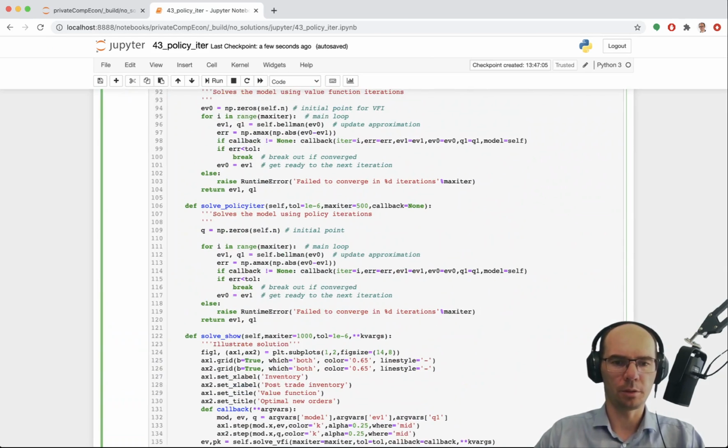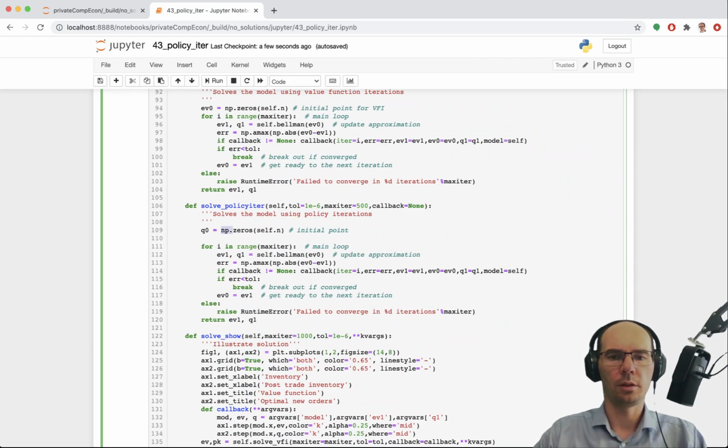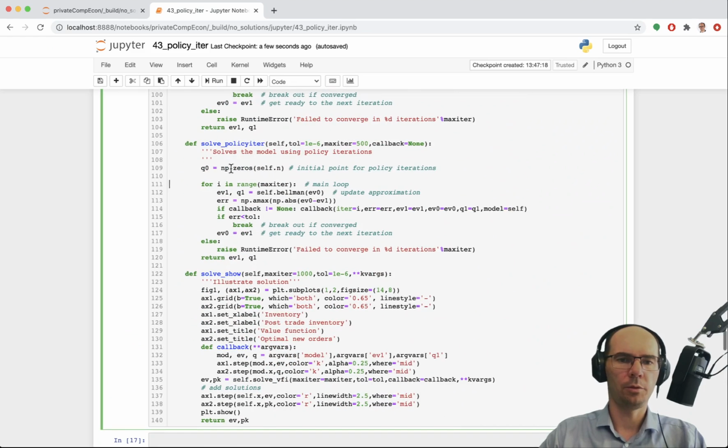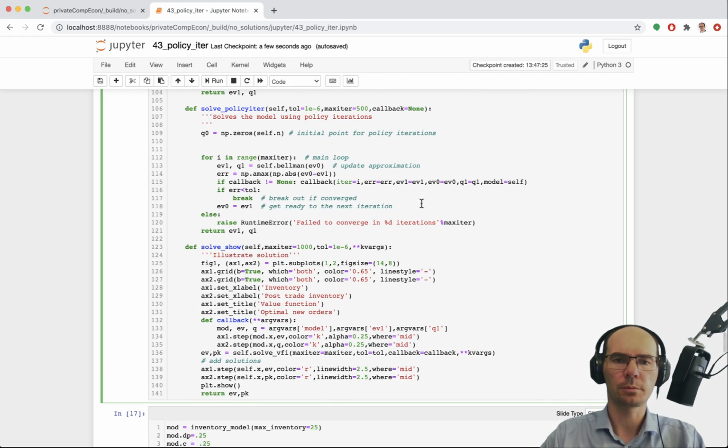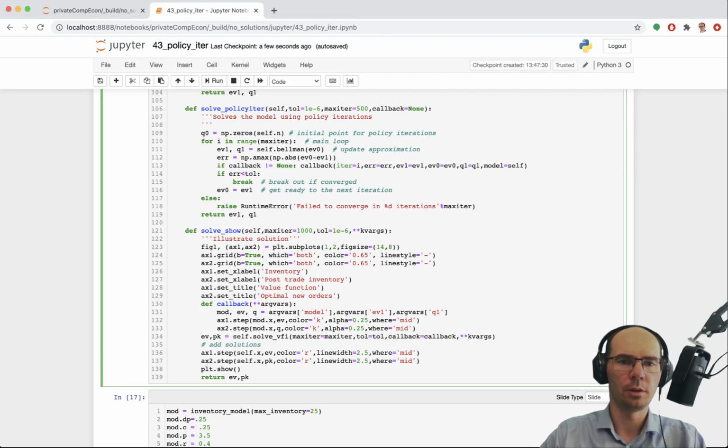The policy is going to be denoted Q naught. And what is the initial policy? Well, if it's all zeros, that's basically we're not ordering anything, and that's fine.